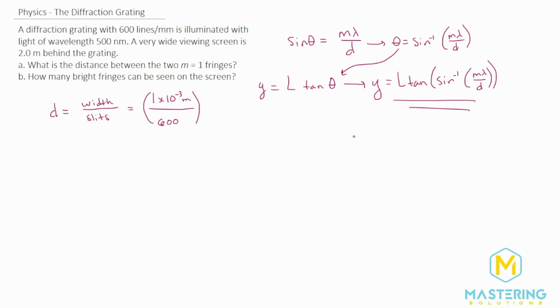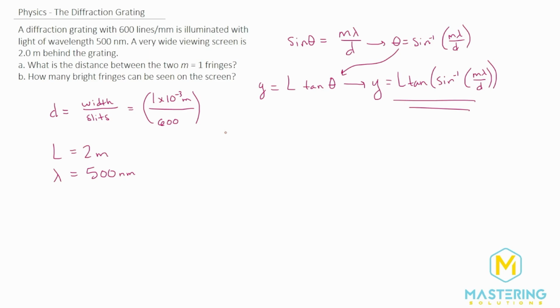Let's go ahead and plug everything in. Oh, we can figure out some more stuff. The viewing screen is 2 meters behind the grating, so L is 2 meters. The wavelength, lambda, is given as 500 nanometers, and that's 10 to the negative 9 for nano. I believe that's everything we need.